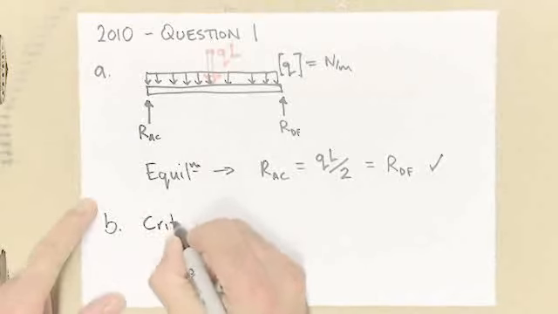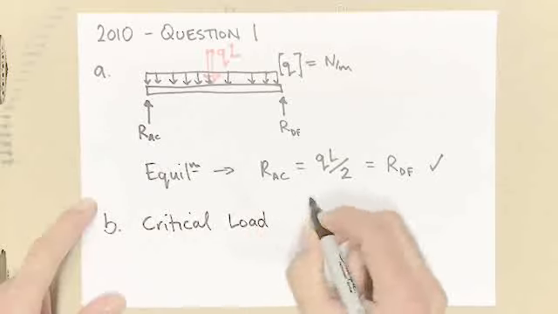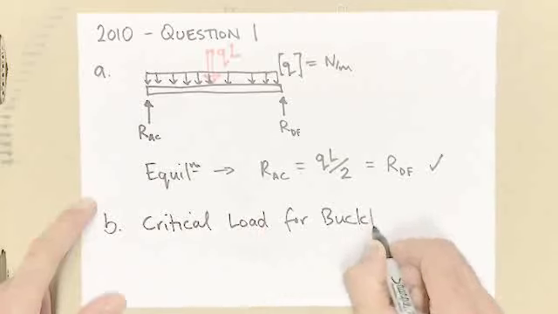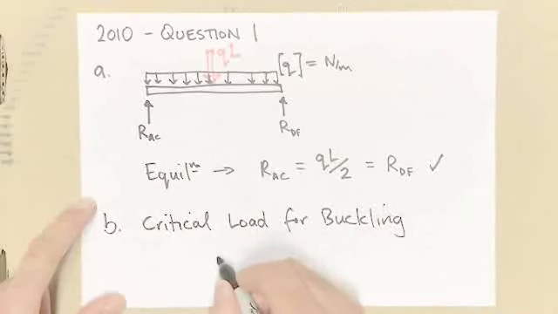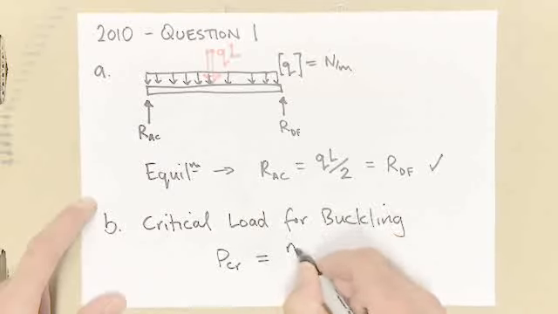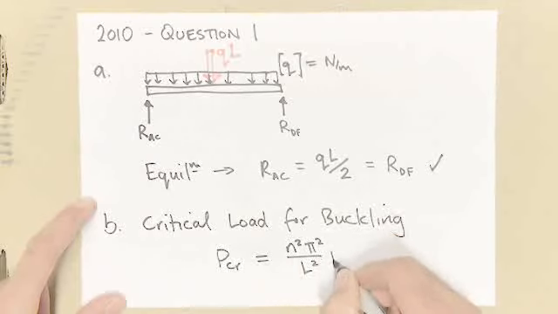Critical load for buckling, as we found out, and I expect you to remember, is the critical load PCR in the column is equal to n squared pi squared on L squared times EI.